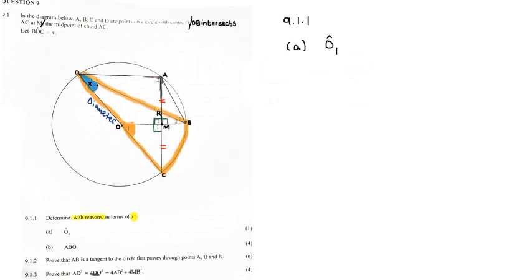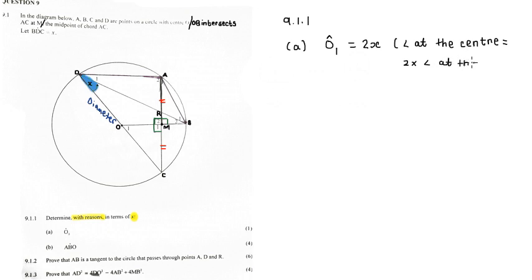Okay, so then that's going to mean that angle O1 is equal to 2x. Right, so what's the reason? It's the angle at the center is equal to 2 times the angle at the circumference.